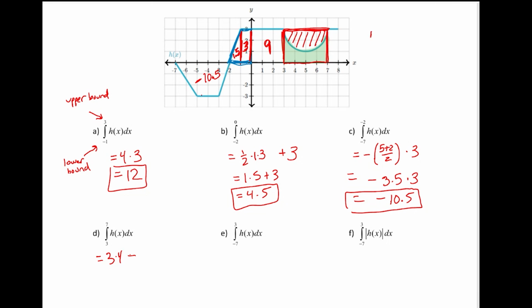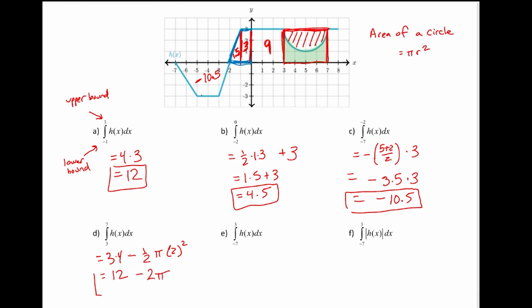Now, the area of a circle is pi r squared. So if it's just half of a circle, it would be half pi r squared, and in this case r would be 2. So 3 times 4 is 12, and we've got 12 minus 2 squared, which is 4, divided by 2, which is 2, so minus 2 pi.